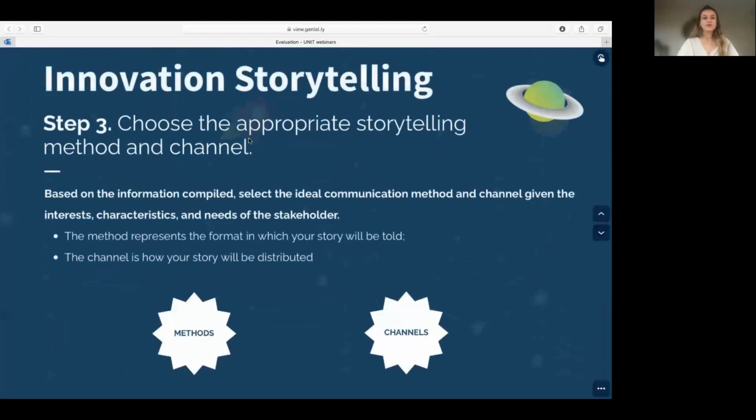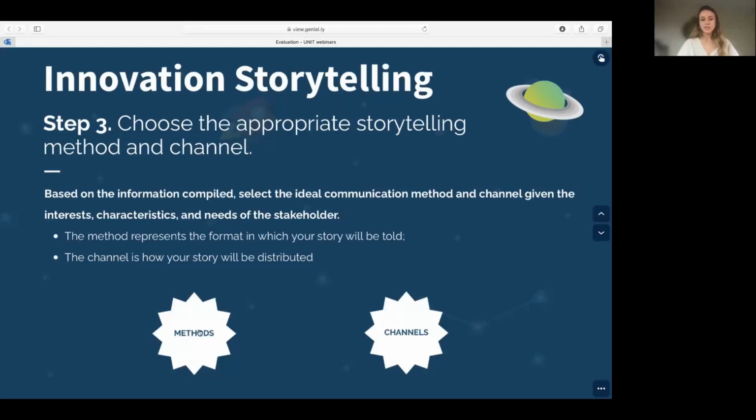And now let's go to step 3. Step 3 is to select the appropriate method and channel, based, of course, on the communication that we have from the audience, from the previous steps. The method represents the format of the communication, and the channel is how your story is going to be distributed.